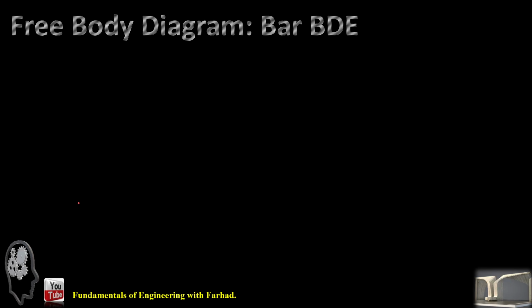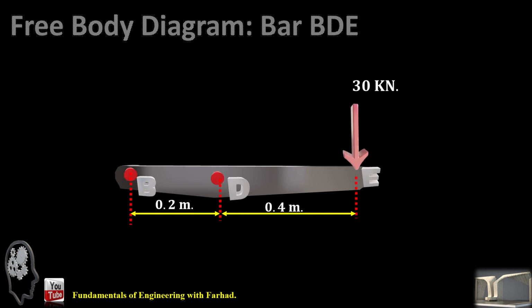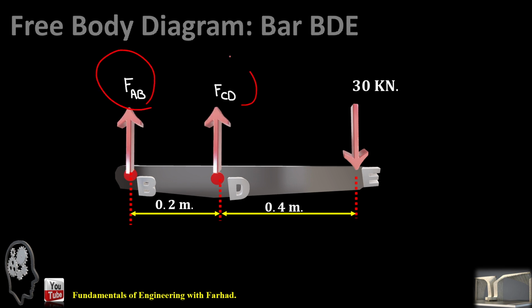So first of all, we need to draw the free body diagram for rigid bar BDE. And if you do so, you can easily see we have FAB and FCD in each pin at B and D. And 30 kilonewton is applied downward at E based off the problem statement.